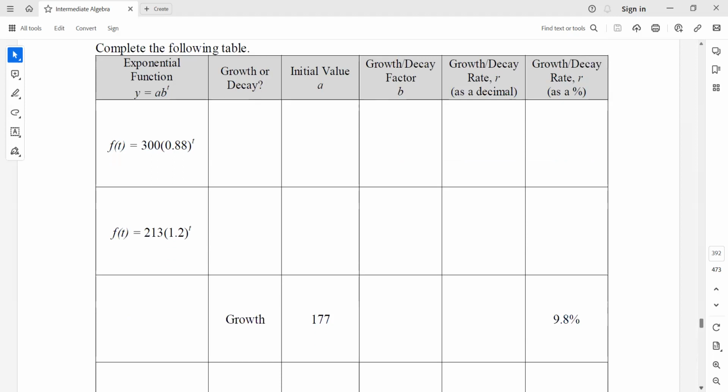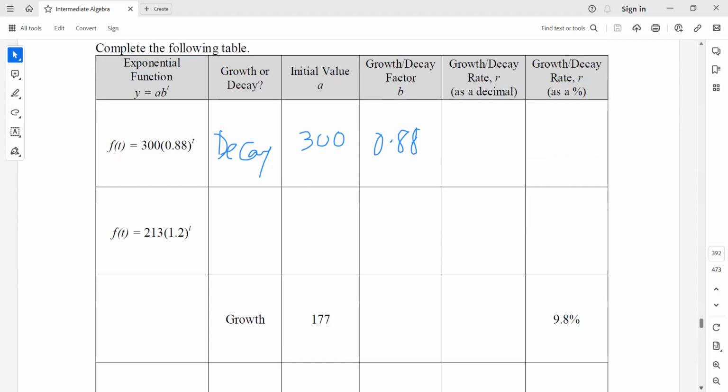So this is a decay. Initial value is 300. Our B is 0.88. Our R is, because it's a decay, B is 1 minus R. So if you solve that, B plus R should give you 1.